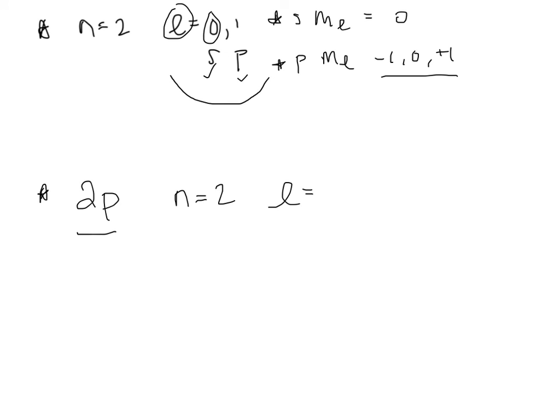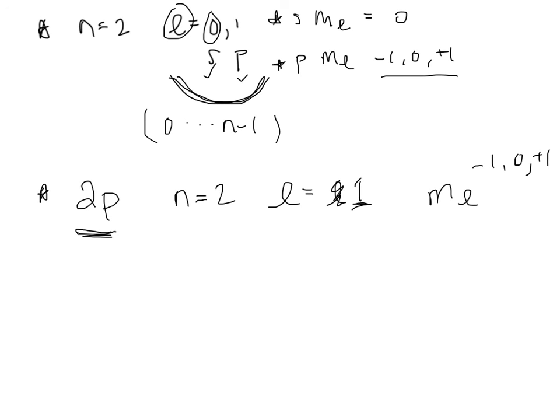So p orbitals correspond to an L value equal to 1. Because they've already specified which orbital they're discussing, you don't take the approach that you did up here. So you don't do the 0 all the way up to n minus 1. Now with respect to your m sub l value, I haven't specified whether this is a pz, px, or py orbital. So any of the options, the -1, the 0, or the +1, those are all possibilities. So any designation could be considered acceptable.